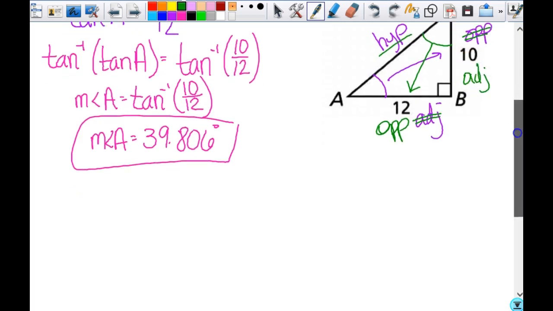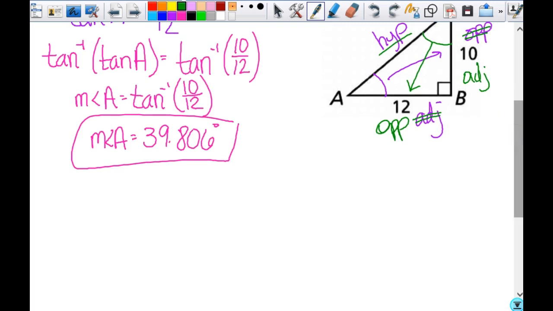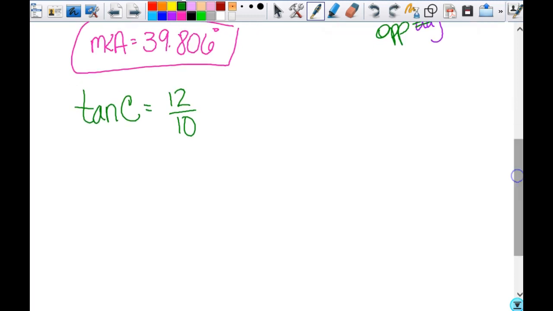So I'm still using tangent. It's just the reciprocal, right? So the tangent of C is equal to the opposite, which is 12, over the adjacent, which is 10. Got to get C by itself. Remember, there is no multiplication. There is no division. Inverse. So if I take the tangent inverse of both sides, that means that the measure of angle C is the tangent inverse of 12 over 10.